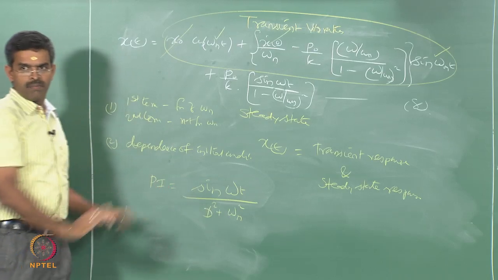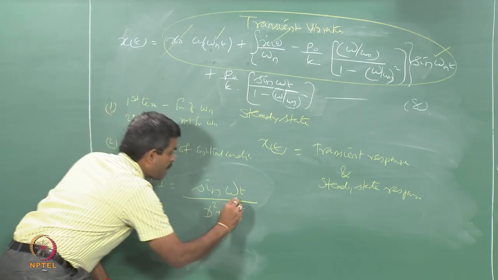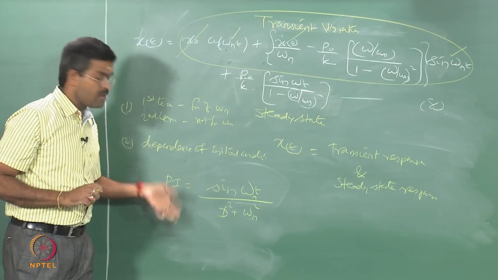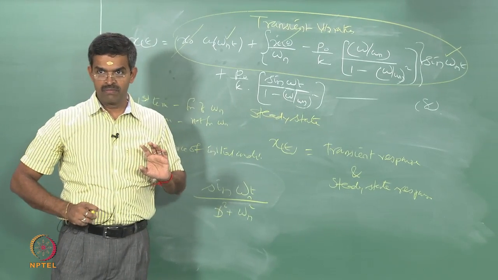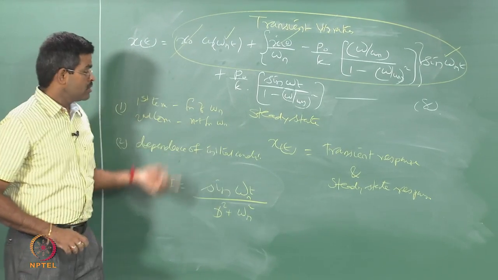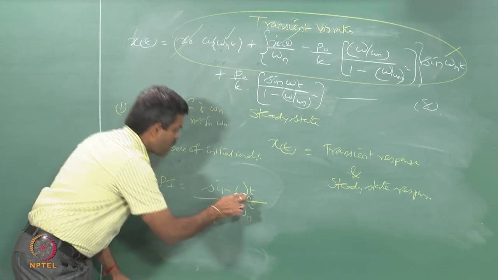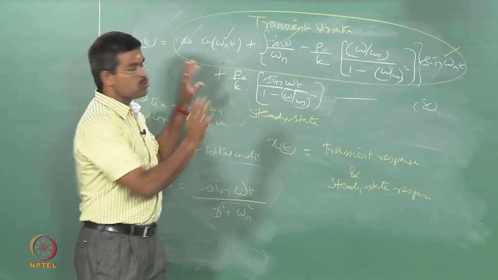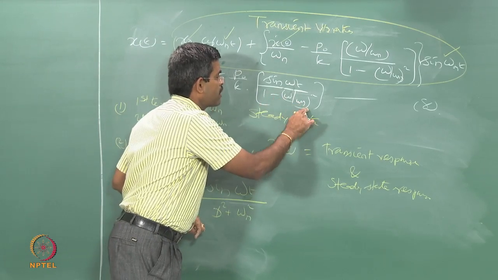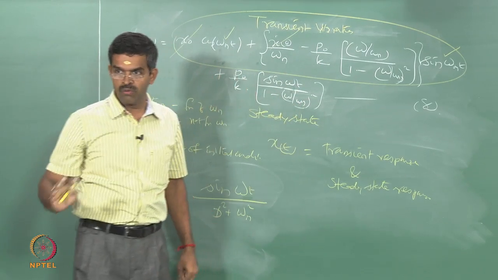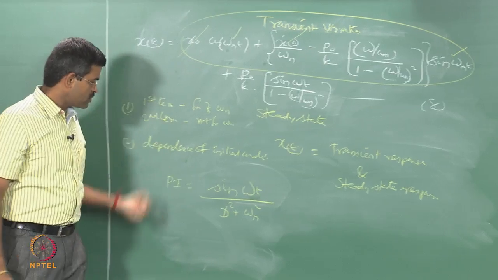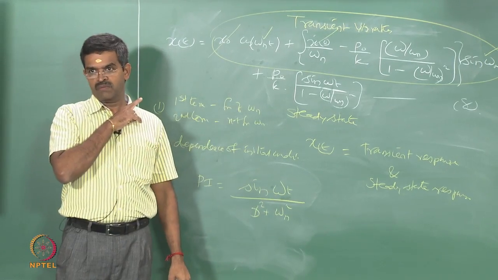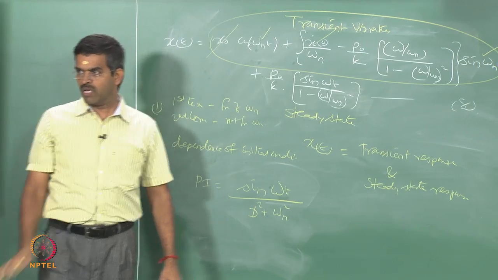If I say this is omega n, I cannot solve it in the same form as I solved in this equation. Therefore, the solution drawn for omega not equal to omega n, given by equation 8, cannot be used by simply substituting omega n, so that this becomes 1, infinity and so on. The procedure for solving a particular integral when these two are equal is different. Mathematically we cannot do that.